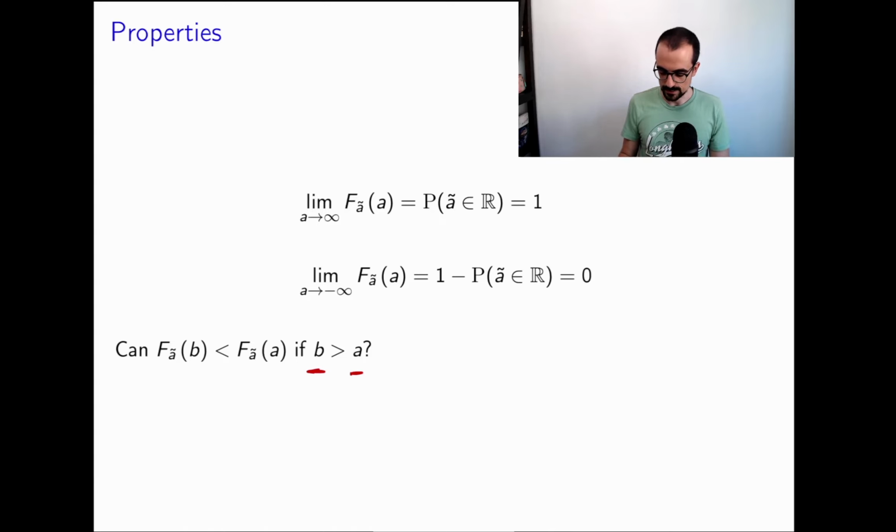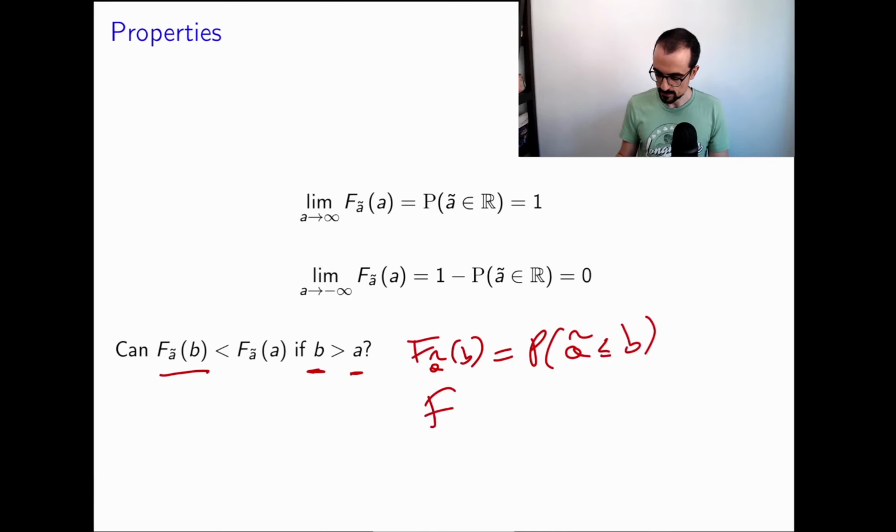Can the value of the cumulative distribution function be smaller for b greater than a? Well, let's see. We have that F of b is equal to the probability that the random variable is smaller than b, and F of a is equal to the probability that the random variable is smaller than a. But b is greater than a, right?